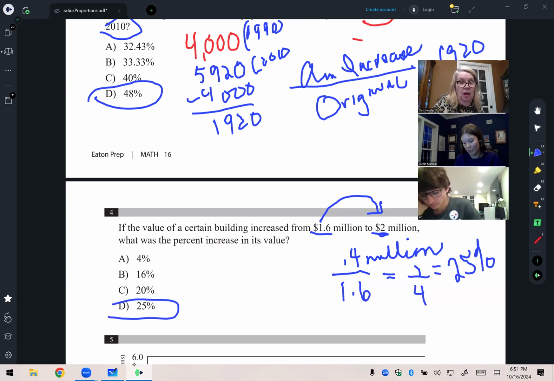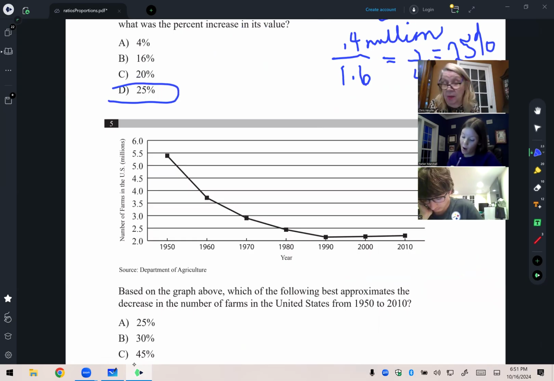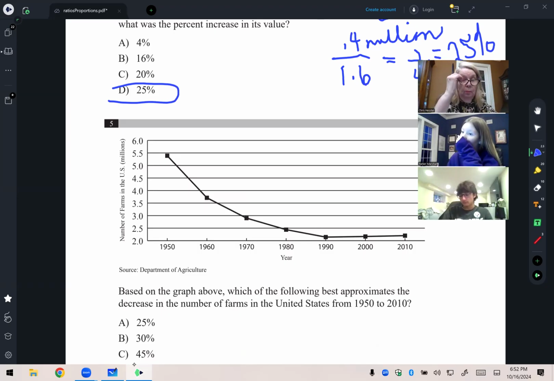Okay, let's try the next one. This, crazily enough, we had to get all our data to keep this honest. So this is the actual number of farms in the US. Hard to believe. Based on the graph above, which of the following best expresses the decrease?